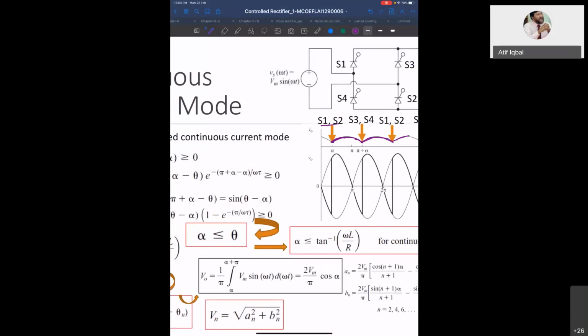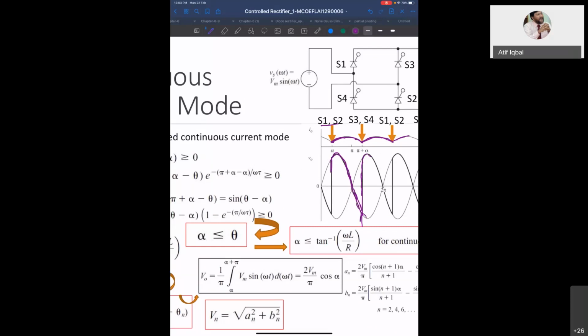And how will the voltage look? The voltage will look like this. From here to here, S1 is on, so you are getting the positive cycle.